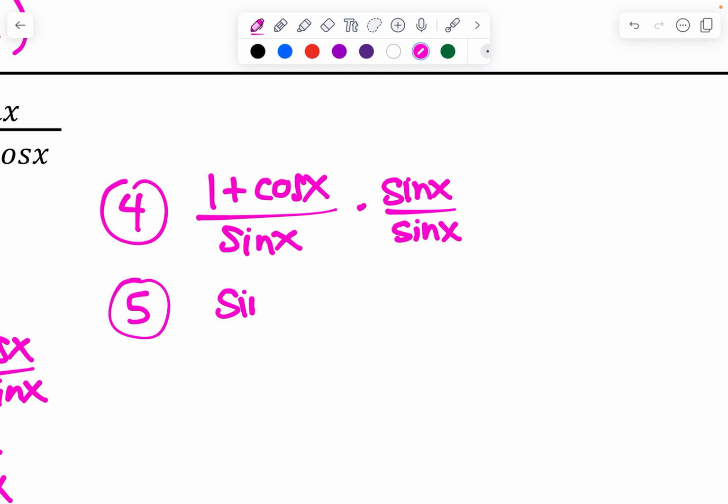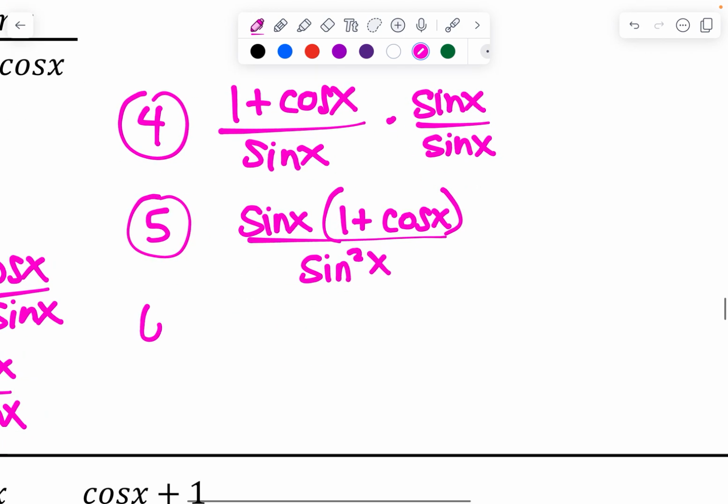I'm not even going to multiply it in the top. I'm going to keep it in factored form. But now I can replace that sine squared of x with 1 minus cosine squared of x.